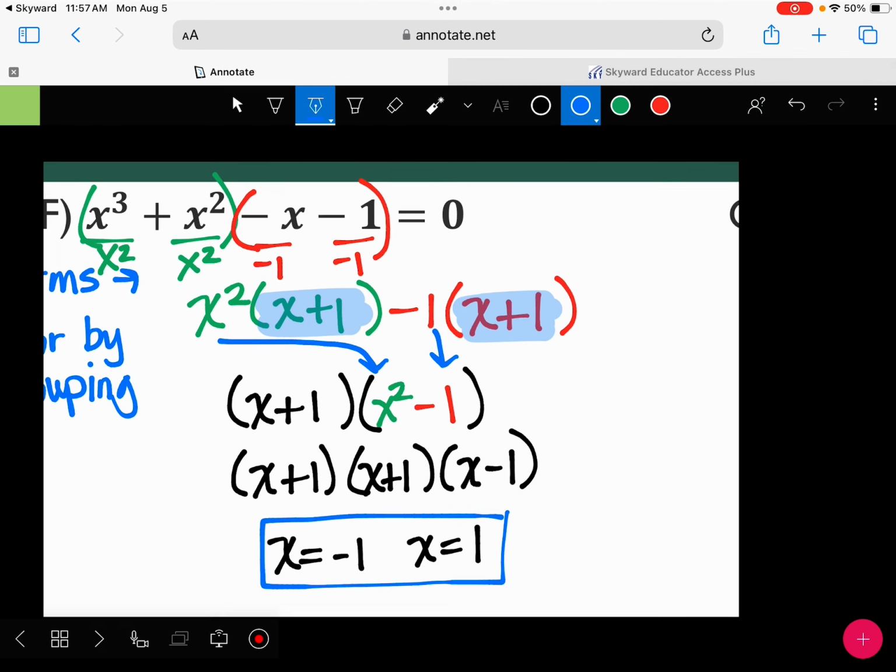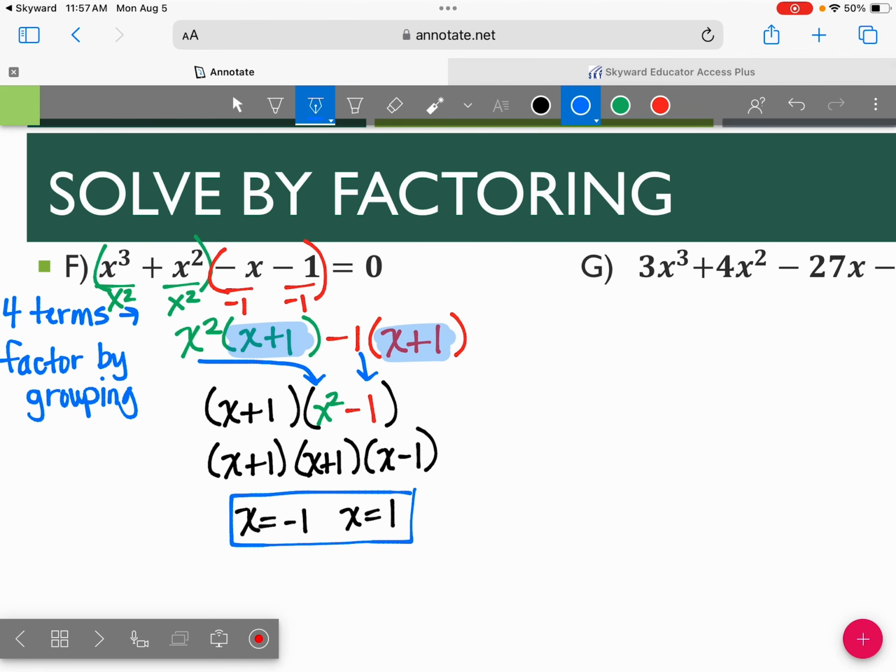All right, I'm gonna zoom out a little bit and give you all a chance to copy down G. G is the same as F. It's 4 terms. We're going to group them and take out the GCF.